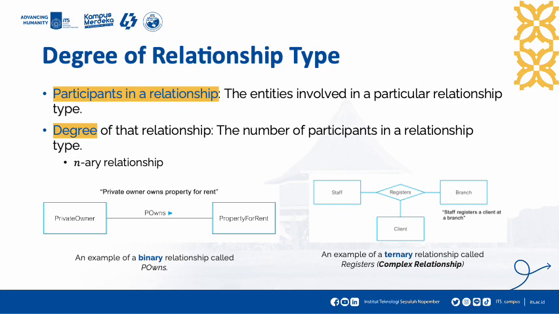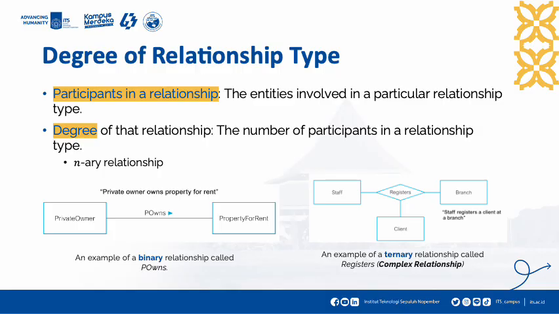There is also another example, if you have more than two participating entities, called a ternary relationship. There is Registers here, which is a complex example of a relationship. In Registers, there are three participating entity types, which are Staff, Branch, and Client.